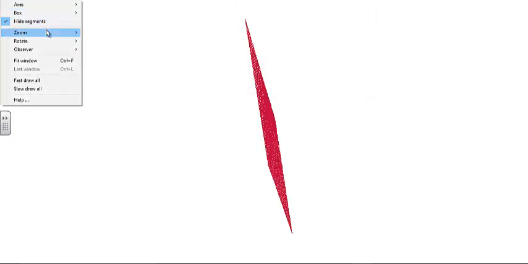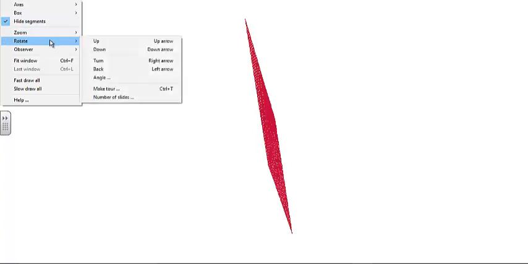There's some way of panning on this thing. How do you do that? Rotate. Just use your arrow keys. Let's try that. Yeah, so there's the plane. It doesn't look like it here because it's on its side, but as you rotate around, you can see it's a flat surface. That's your plane.